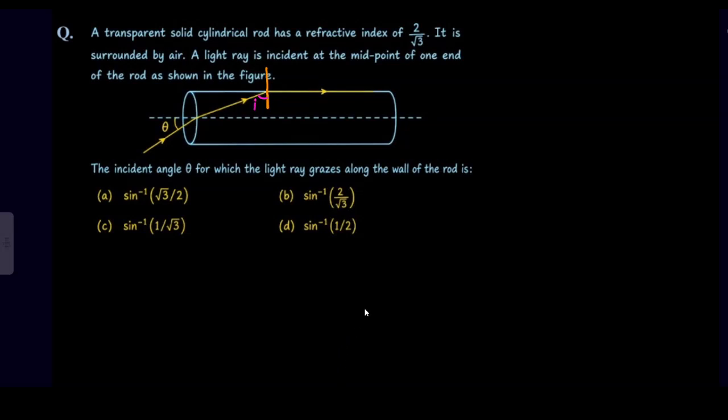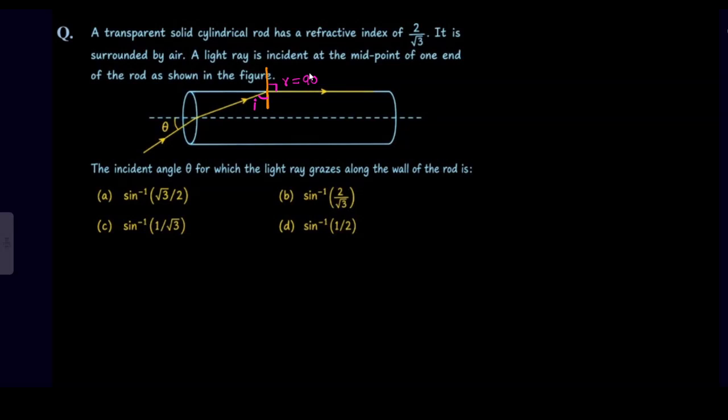If I call this I, then here this is the angle of refraction, which is 90 degrees. So that means I must be equal to the critical angle, isn't it?